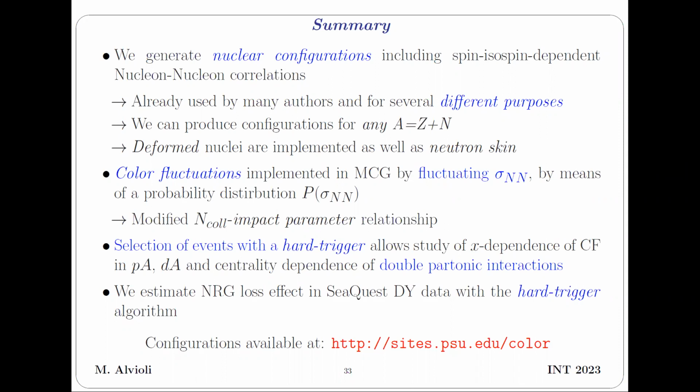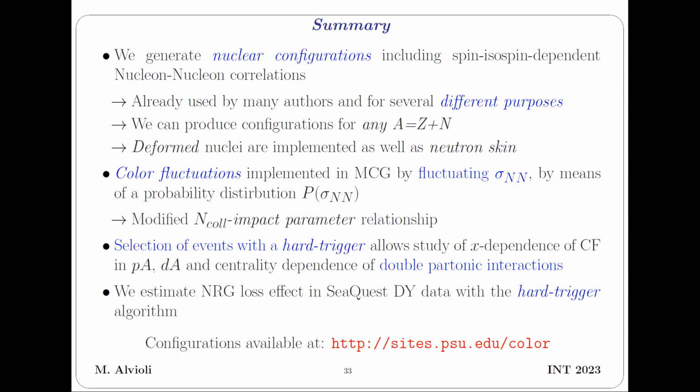Then we implemented color fluctuations in Monte Carlo Glauber, which means we have an event by event fluctuating sigma NN cross section, and this is done by means of a probability distribution, a probability of having different values for the sigma NN. And this gives an important effect on the number of collisions and its relationship with impact parameter in each event.